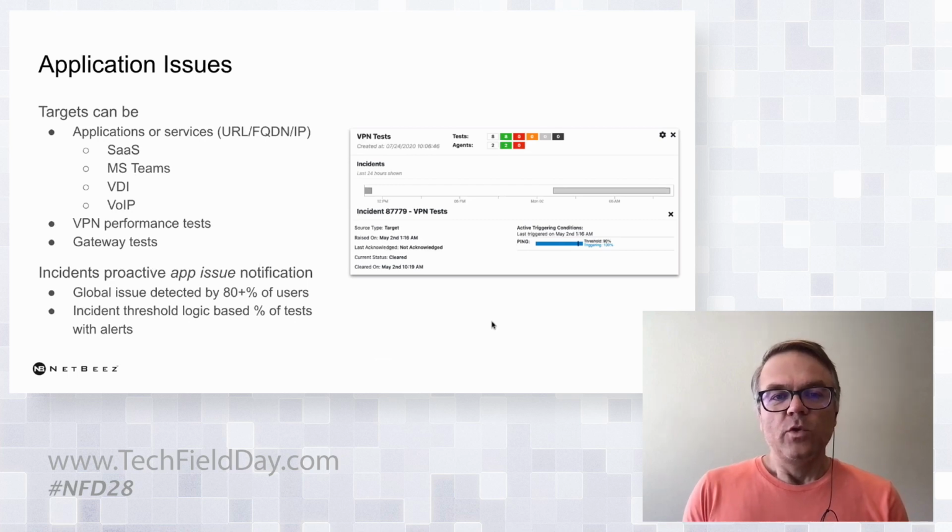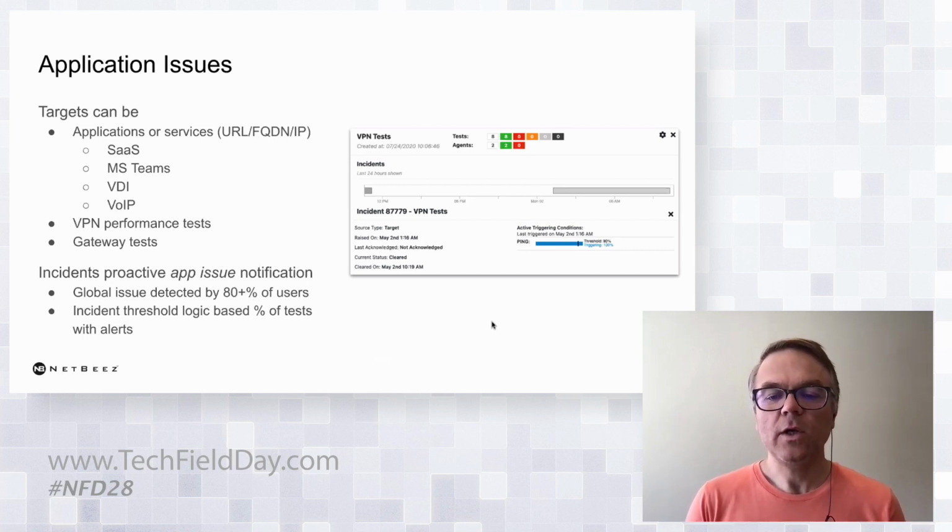So if we use that virtual NetBeez agent in combination with our end user NetBeez agents, we can very clearly see that if the agent running in the same infrastructure as my application is showing an application performance issue, then all my users are going to be affected too. That will be reflected by all the users seeing the same issue, and then we correlate that.